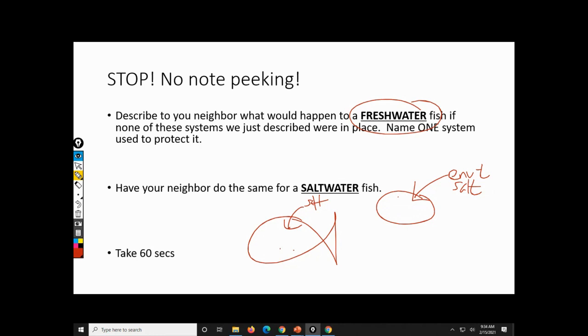Which way does the salt want to go? Which way does the water want to go? And what would that do to the poor fish? And then without looking at our notes, what is at least one way that keeps our fish from dying whatever horrific way that we've just come up with?